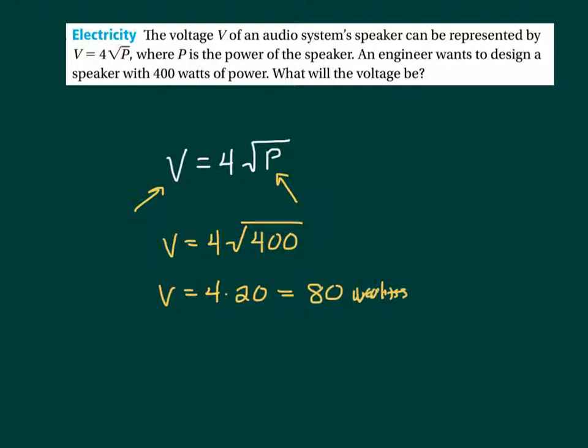On these last two problems, we did not worry about the negative root. Why not? Because you can't have negative volts, right? And in the last problem, we only deal with the positive root because of the context of the problem.